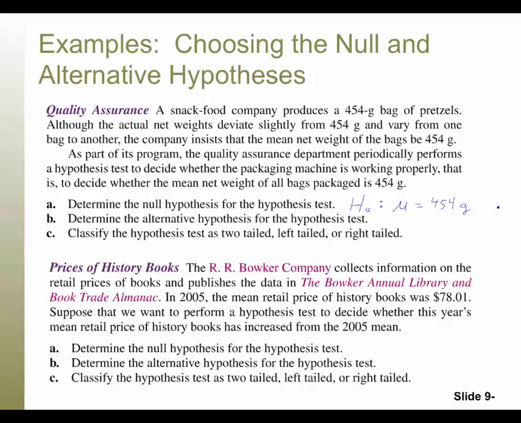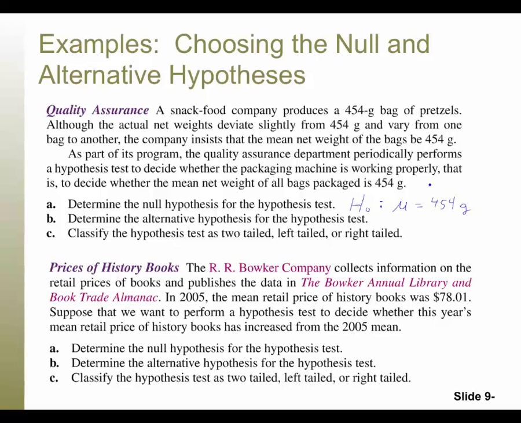So the alternative. We have to pick which alternative. Is this going to be the two-tailed, that is just different than this, or less than this, or greater? We just have to read and pull it off of the information in here. To decide whether the packaging machine is working properly, let's decide whether the mean weight of all bags packaged is 454.